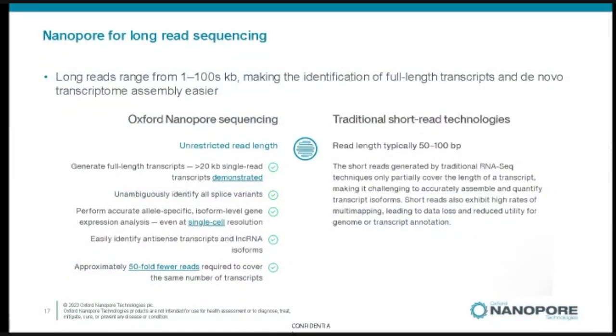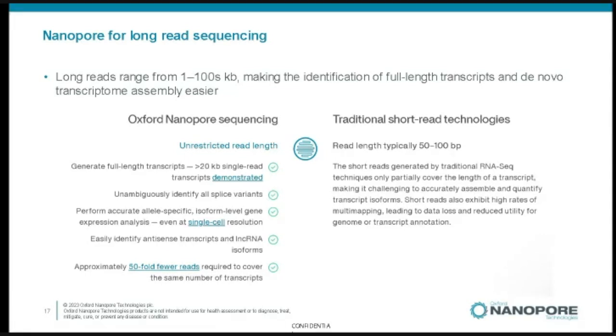As a comparison of long-read and short-read sequencing, nanopore technologies uniquely deliver high output of long reads that span full-length RNA transcripts, supporting quantification and complete transcriptome characterization down to the isoform level.